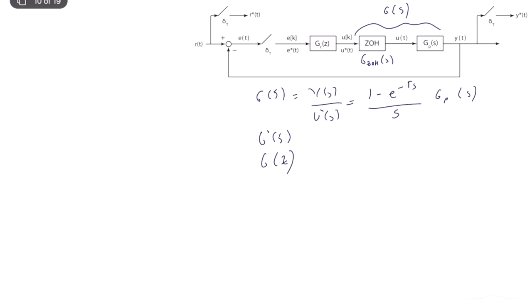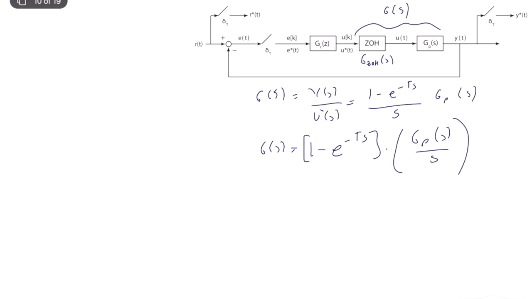What is G of z? What is G star of s? Let's analyze it using the derivations that we did in the previous lectures. G of s is equal to 1 minus e to the power minus Ts times Gp of s divided by s.